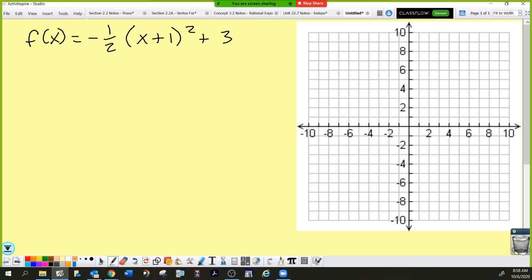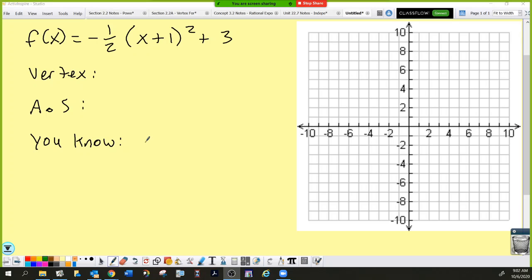So can you tell me its vertex, the axis of symmetry, what it looks like, and graph it? So I'm looking for the vertex. I'm looking for the axis of symmetry, known as the AOS. And what do you know before you even graph it? And then I'm asking you to graph it.